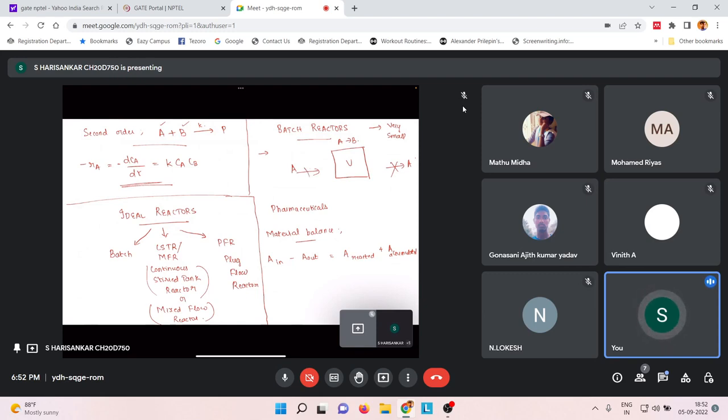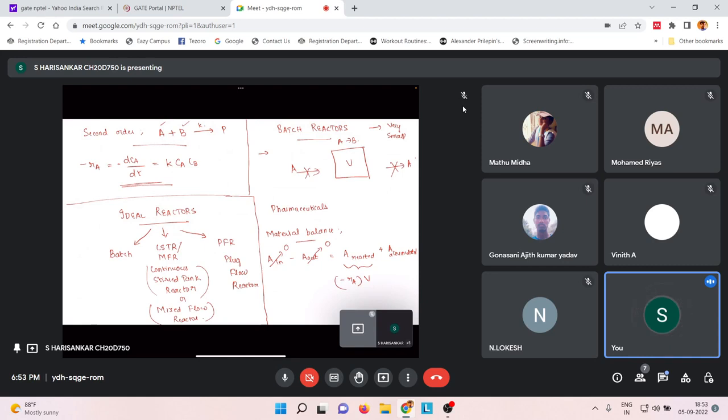Once you start the reaction, there is no more feed going into the reactor, and no more product coming out of the reactor. So A in will be 0 and A out will also be 0.